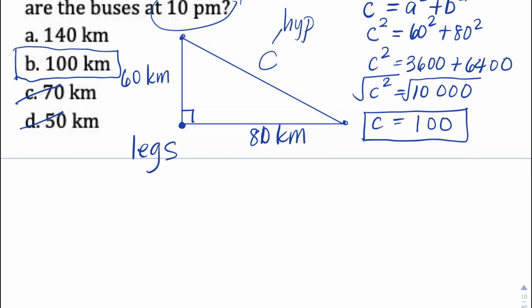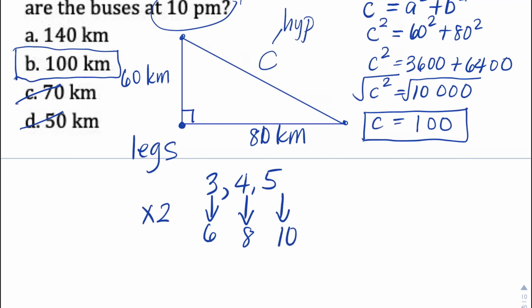Working with right triangles, it's really helpful to know the basic Pythagorean triple. And that is the sides 3, 4, and 5. These 3 sides will always form a right triangle. Now, if I multiply each of these sides by 2, this gives me 6, 4 becomes 8, 5 becomes 10.